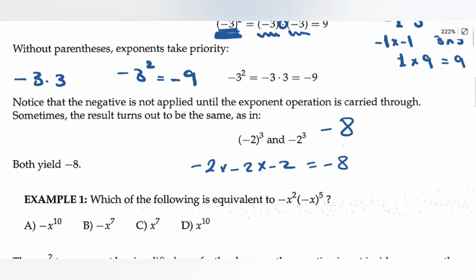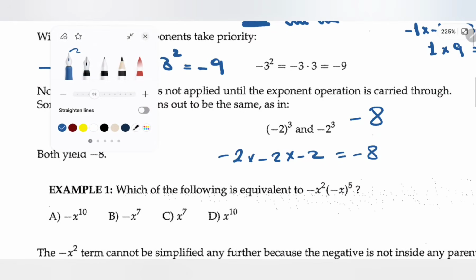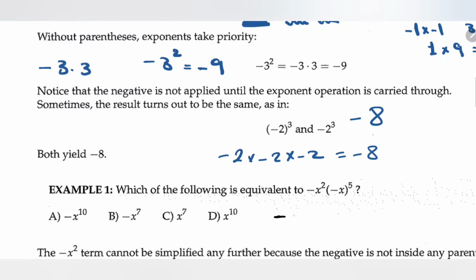Here, we don't want the answer. So let's solve it. Here it's (negative x) to the power 2 multiply (negative x) all to the power 5. So it's x to the power 2. So keep the negative. It's x to the power 2.